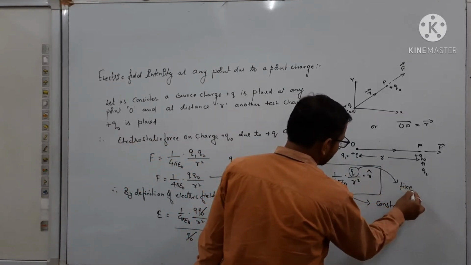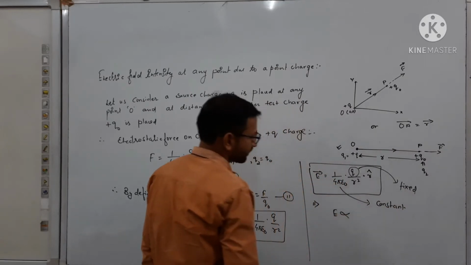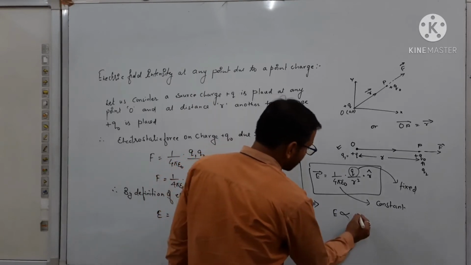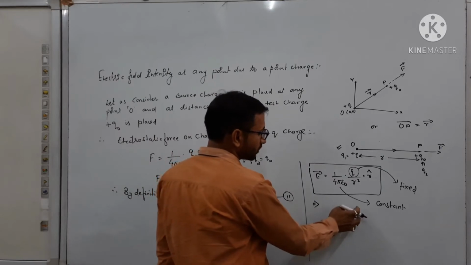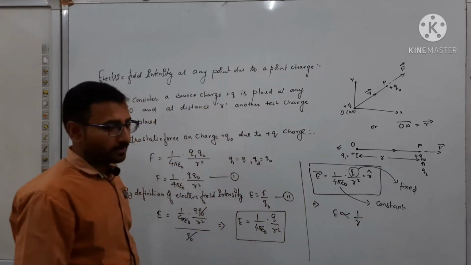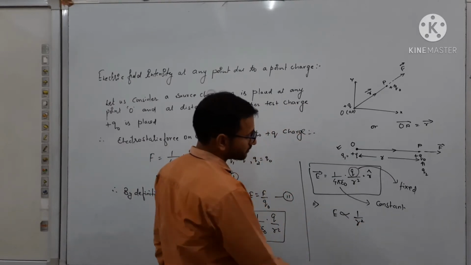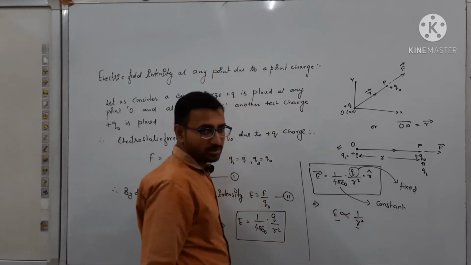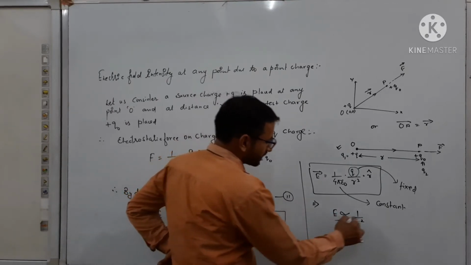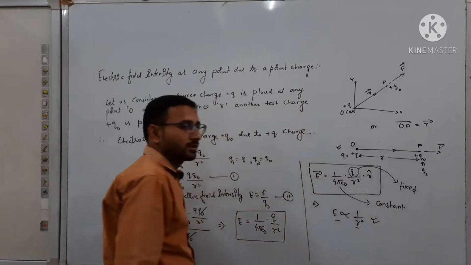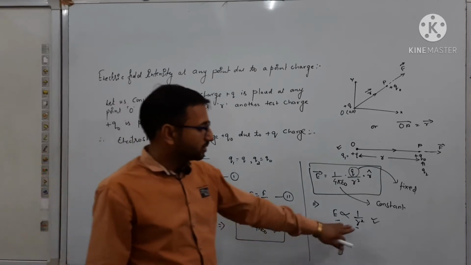So we will get that this electric field is inversely proportional to r square, not r. So this is our electric field intensity relation with respect to the distance.